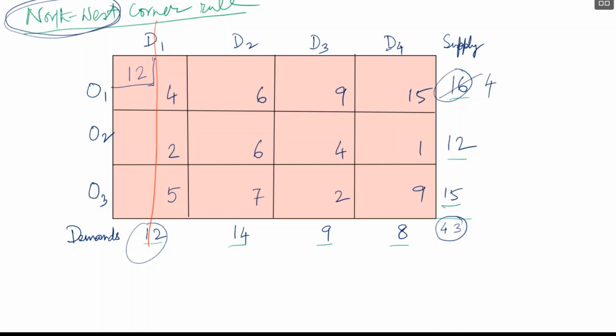Here also we see that in the reduced problem the total supply is 4 plus 12 plus 15, that is 31, and the total demand is 14 plus 9 plus 8, that is also 31, and it has to be, because we have reduced 12 units from each of the supply and the demand. So the reduced problem will also be a balanced one.